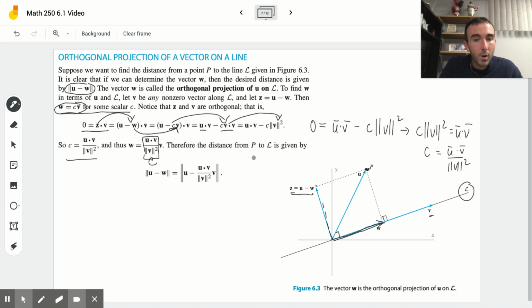So therefore, the distance from P to line L is given by, instead of vector U minus vector W, we can write it out as this difference here in terms of vectors U and V.